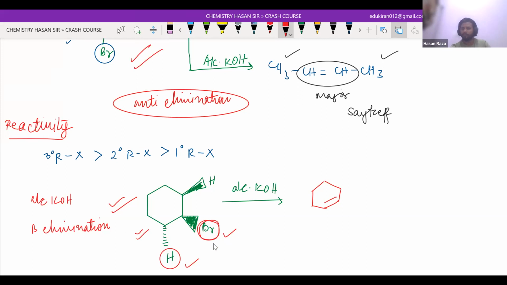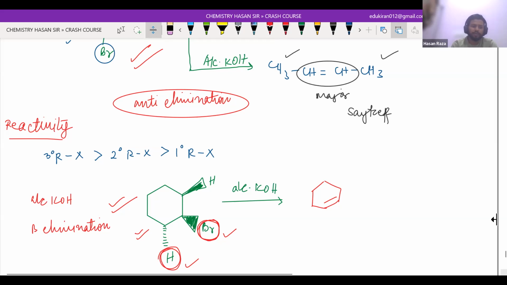But if it is given in 3D, if Br is on solid wedge, you are going to remove the hydrogen which is on dashed wedge. Are you getting my point, Marita? If one is outward, you are going to remove the other inward. If you remove the bromine from inward, then you are going to remove the hydrogen from outward. That is anti. If the question is in 2D like this, you can remove any one of them. Very good. Thank you. Can I move to the next part?